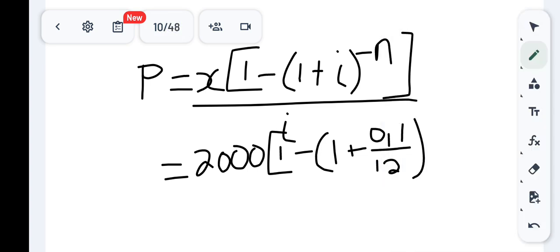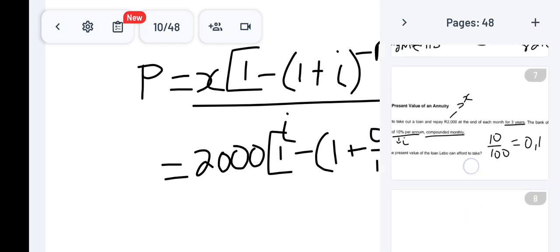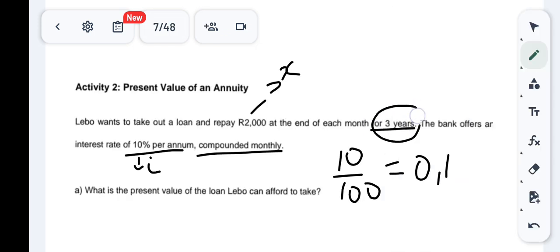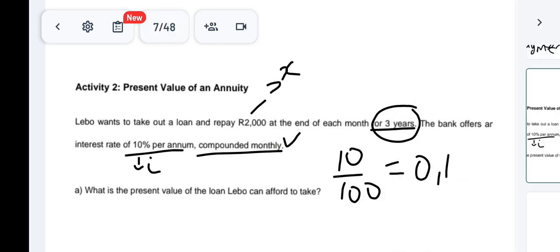The exponent is negative 3 years multiplied by 12, the compounding period.